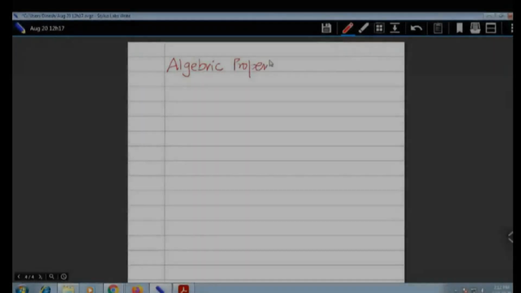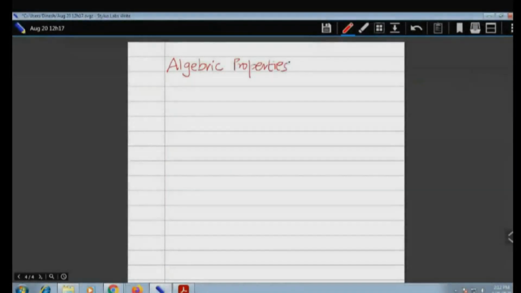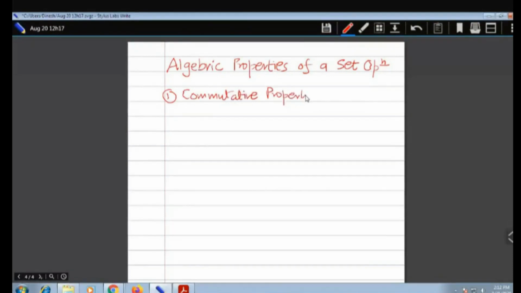What are the different algebraic properties of set operations? The first algebraic property is the commutative property. I hope you have seen this in your 11th and 12th. So what is the commutative property?